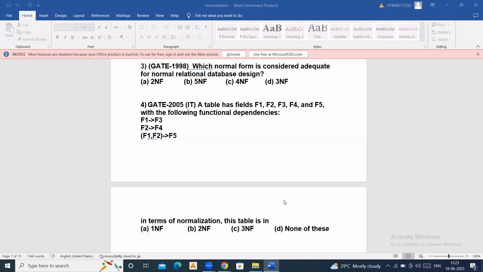A is PK. And what is C? NK. So you have PK to NK. So it is not in second normal form. Then how can it be 3NF? So what's the answer? 1NF. Ma'am, what is PK?